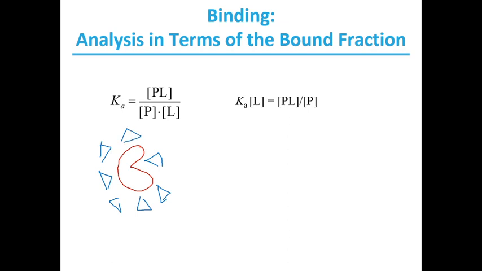And in this case, the binding of the protein to the ligand does not appreciably change the concentration of the ligand. Here is the bound protein. And here are other ligands.